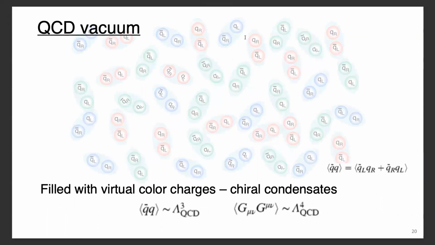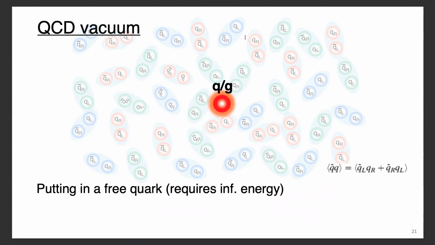So now let's go to the QCD vacuum. The QCD vacuum is filled with virtual color charges. These are usually called condensates. They can be quark condensates, can be gluon condensates. Now imagine if we put a free quark in the QCD vacuum. This is of course practically not possible because this would be an infinite energy state.